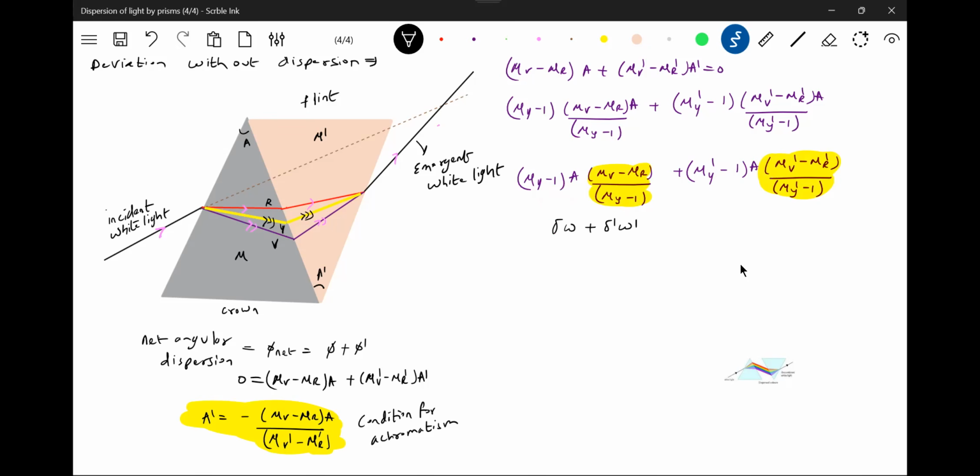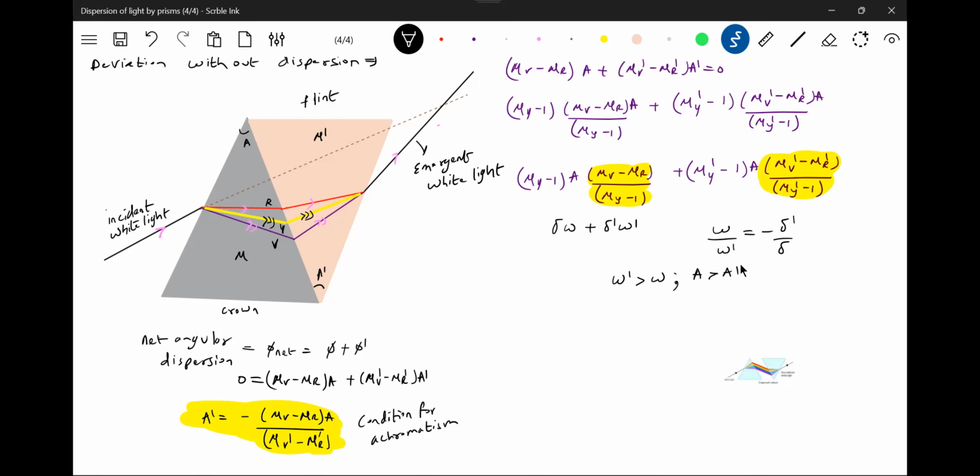So like this we will get a basic equation, dispersive power omega by omega dash equal to delta dash by delta. If omega dash is greater than omega, then A should be greater than A dash. Depending upon what conditions you want, you can bring it here.